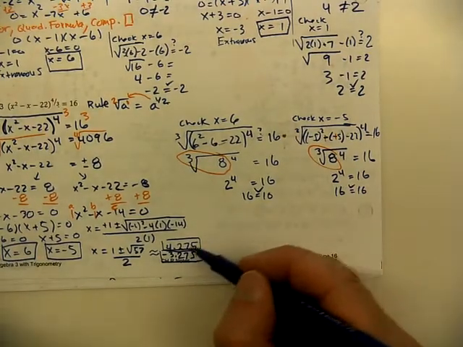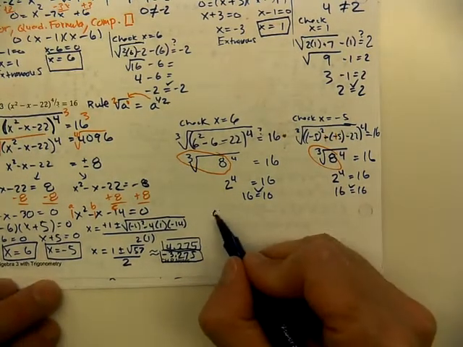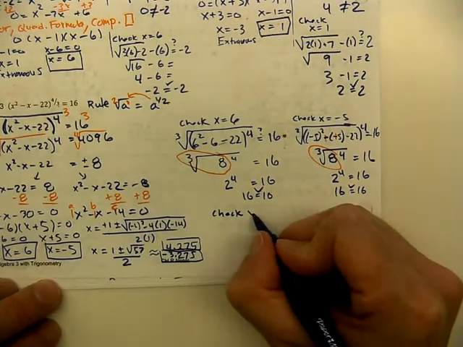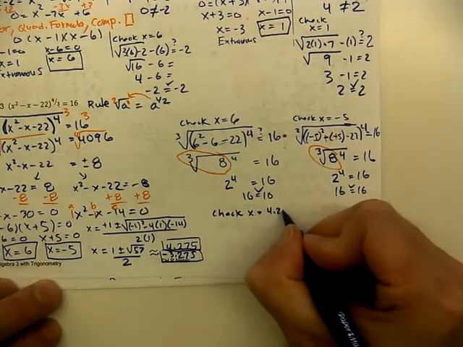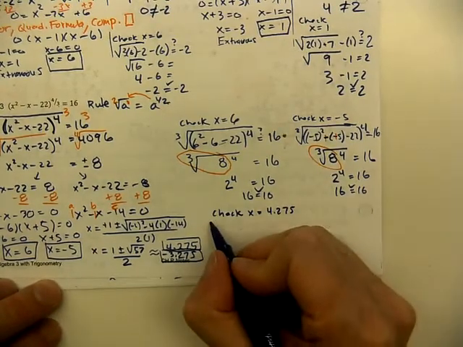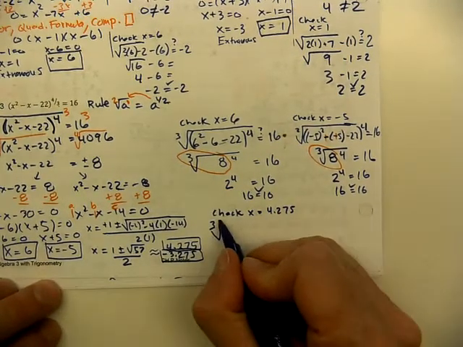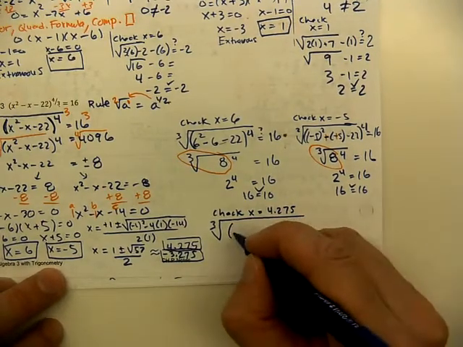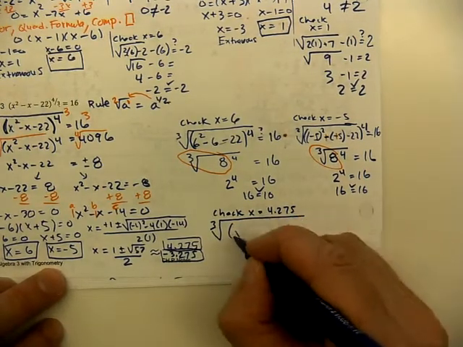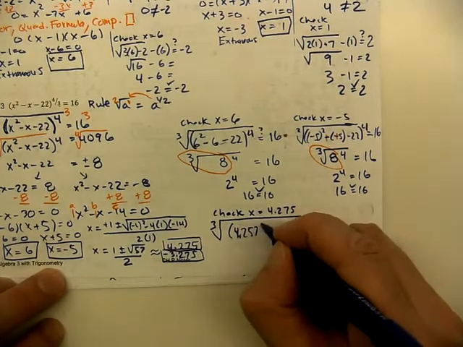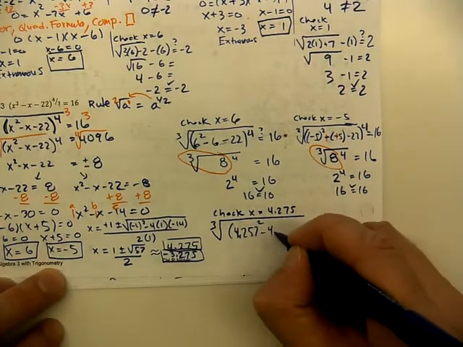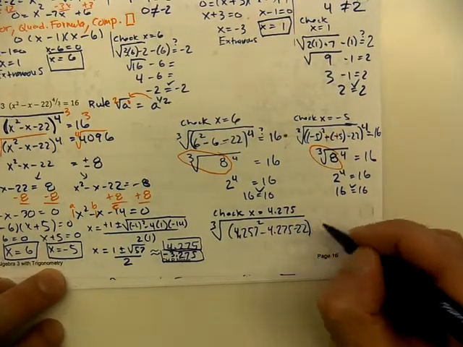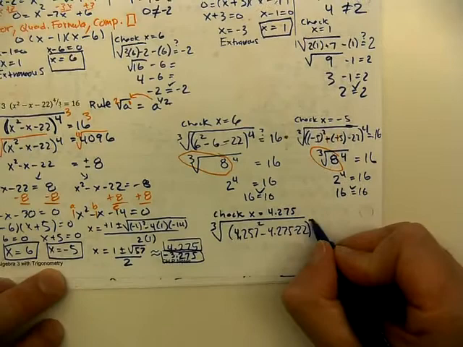Now for these decimal values, we're using our calculator because that's really the only way to do it. If we were to check x equals 4.275, this is just what it would look like when we type it in our calculator. We have the cube root of, and inside that we have 4.275 squared minus 4.275 minus 22, and all of that is being raised to the power of 4.